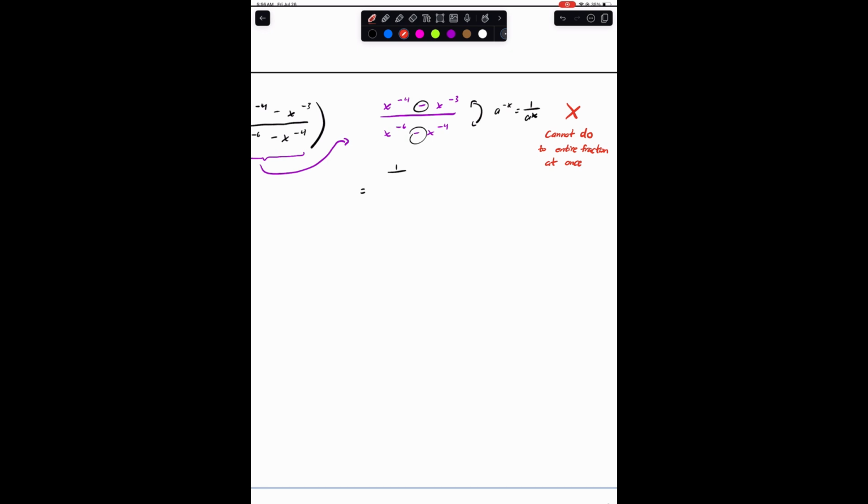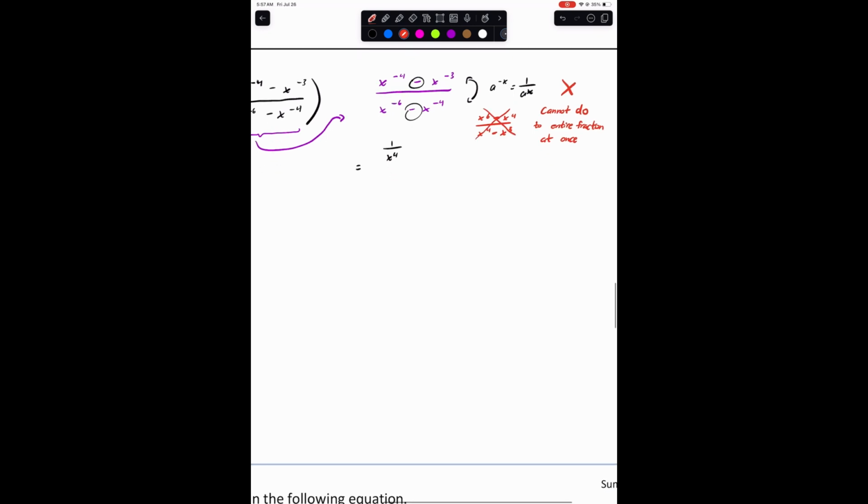So I have 1 over x to the 4th. Sorry, that's confusing. What I mean is that you cannot flip the numerator and denominator instantly. You cannot do x to the 6 plus x to the 4 over x to the 4. Oh, sorry, it should be minus, minus x cubed. This is a no-no. Okay, anyways, back on track.